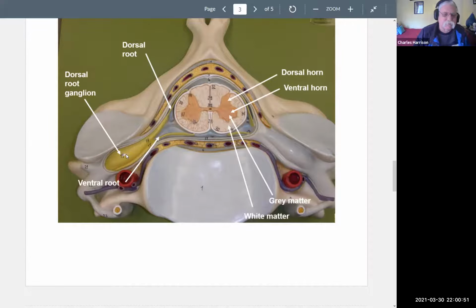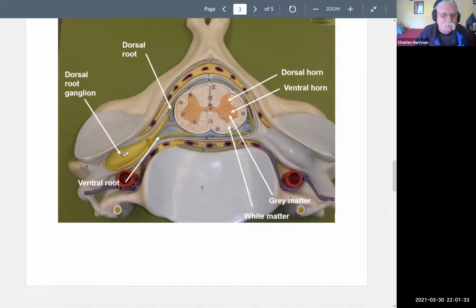This sensory information here is like pain, heat, pressure, cold, tickling, anything that affects the skin. The type of neuron that brings this impulse in has a peculiarity that we'll talk about later, but that peculiarity causes this swelling. And this swelling is the dorsal root ganglion. You can always tell what this is because of the swelling.